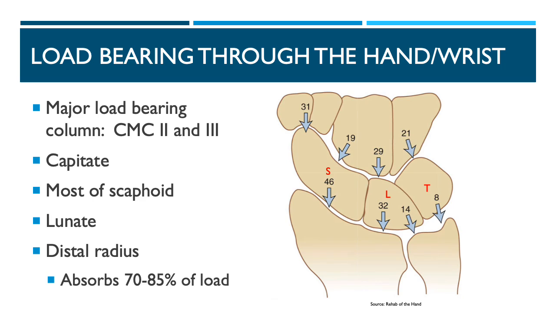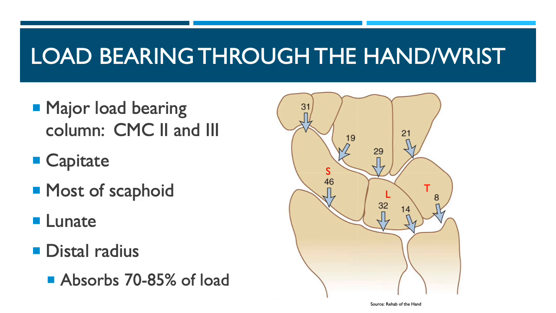So then in the distal row, the major load-bearing bone would be the capitate. Your distal radius, there's some different literature, some saying 70 to 85% of the load. Usually I go with about 80% of the load at the distal radius, and then 20% through the ulna via the TFCC.